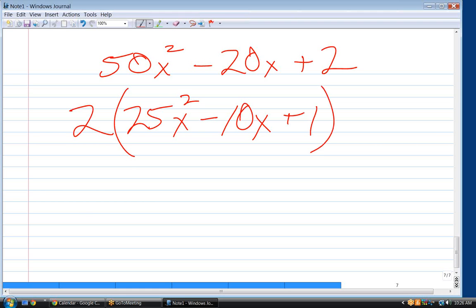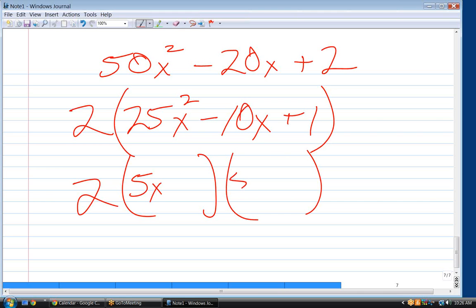Okay? Now, how can I factor that term? Could be 25 and 1, but always assume that it's going to be the factors that are closest together. So 5 and 5. 90% of the problems given to Colorado students are factors that are closest together.